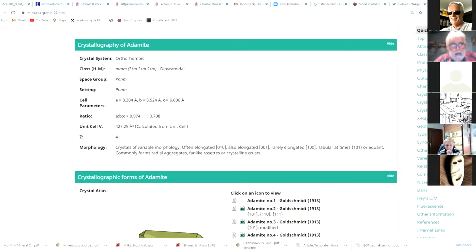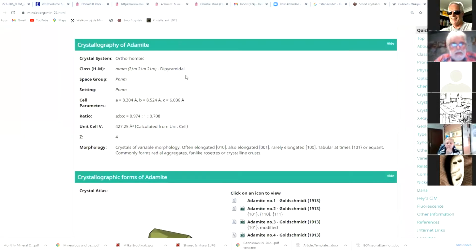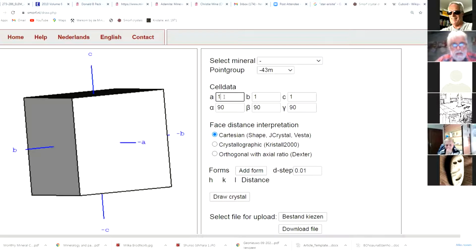So it's these values that you actually have to use in Smorf to get the same dimensions that are predefined for the other minerals here. So if you look at Adamite here, let's see if I can do a copy paste. I hope so. Yep, it works.